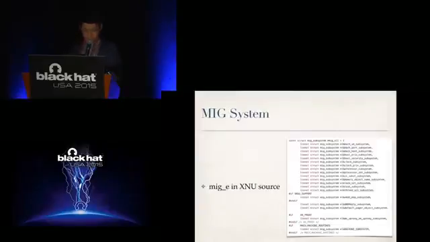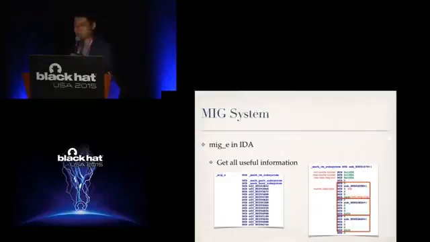Okay, so this defines a lot of subsystems here. Each subsystem has different functions, but you can't find the definition in the XNU source code. So we go to IDA and reverse the kernelcache of iOS devices, and you can locate the mig_e variable and find a lot of subsystems here.